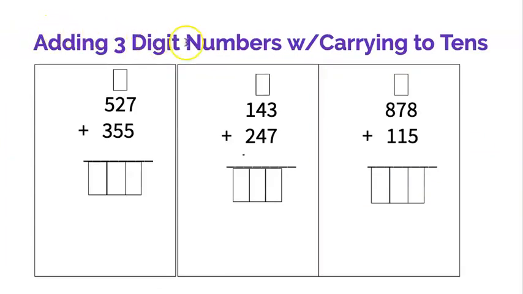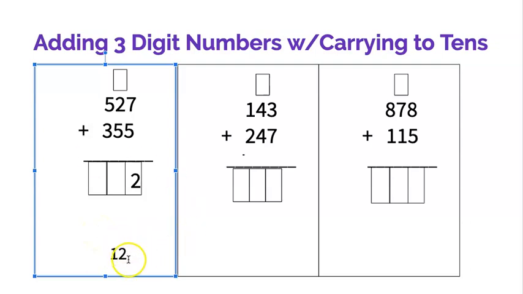Now this is adding 3 numbers with carrying to the tens column. So a little more involved, but you're going to do it the same way. All right, so 7 plus 5 is 12. We can't put 12 down here. We can't put the 1 here and the 2 here. We have to keep the ones column with just the 2, because remember, we're talking about the number 12.